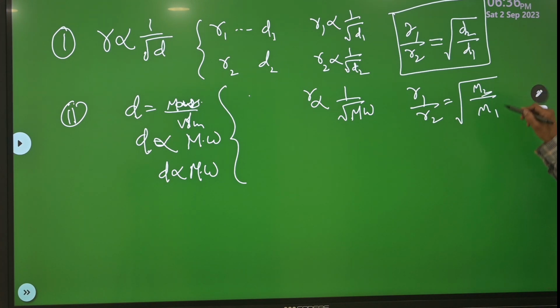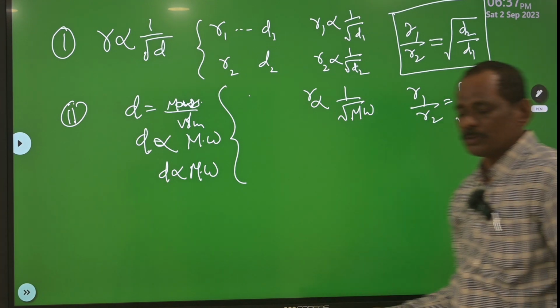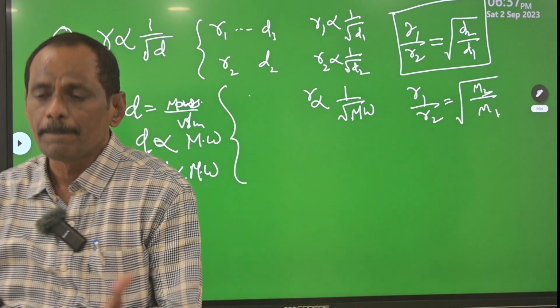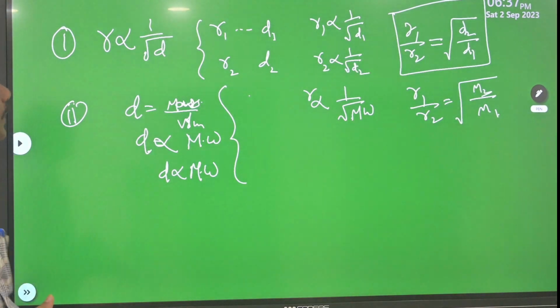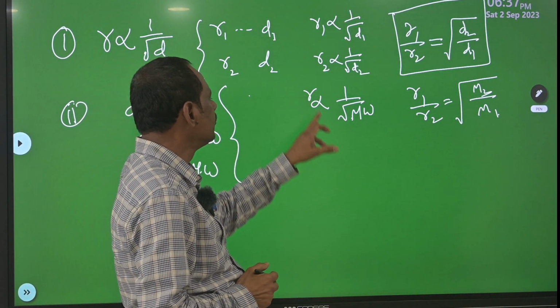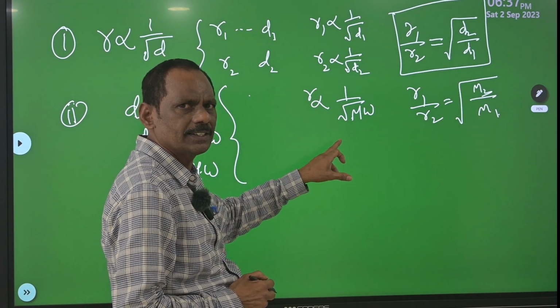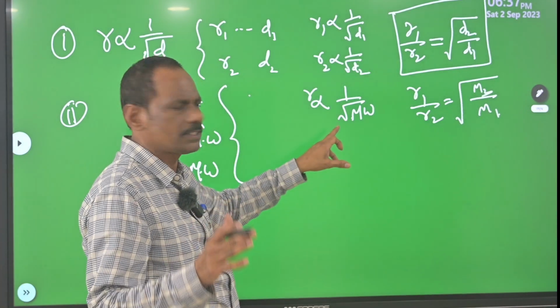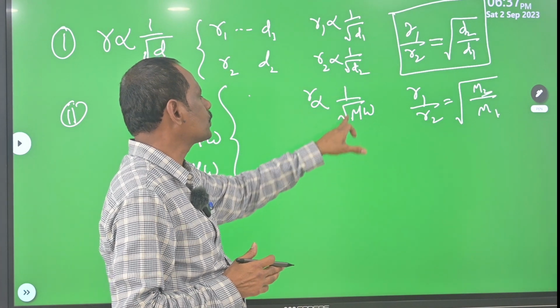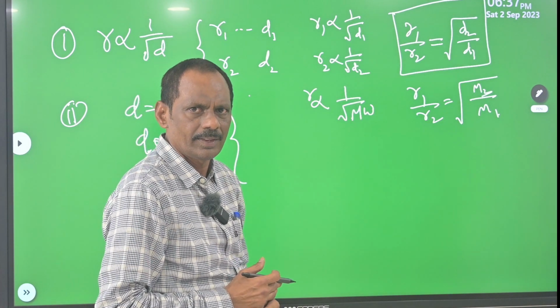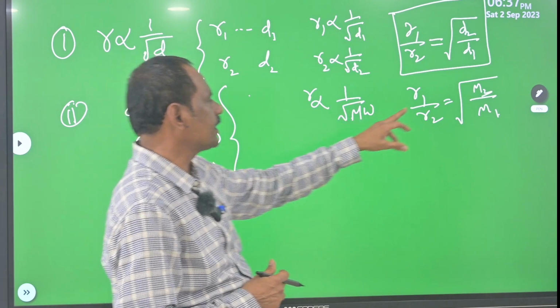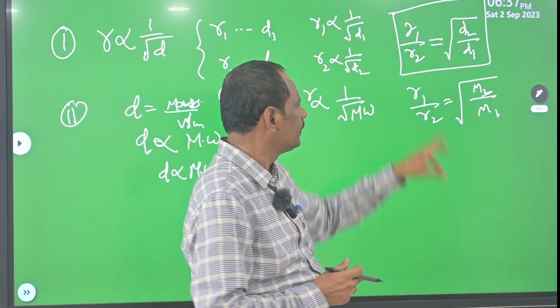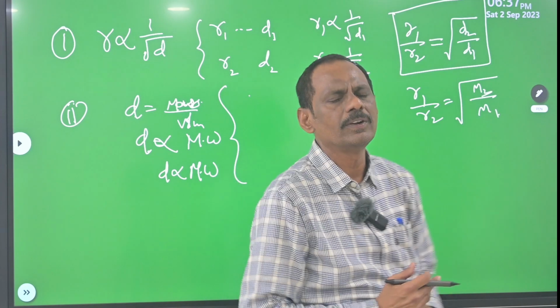For example, if the molecular weight of one gas is known, we can calculate the molecular weight of another gas. If the rates of diffusion of two gases are known, we can calculate the rate of diffusion through an experiment. Therefore, the second form of Graham's law: the rate of diffusion of a gas under constant temperature and pressure is inversely proportional to the square root of its molecular weight. And when the rates of diffusion and molecular weights of two gases are compared, R1 by R2 is equal to root of M2 by M1.